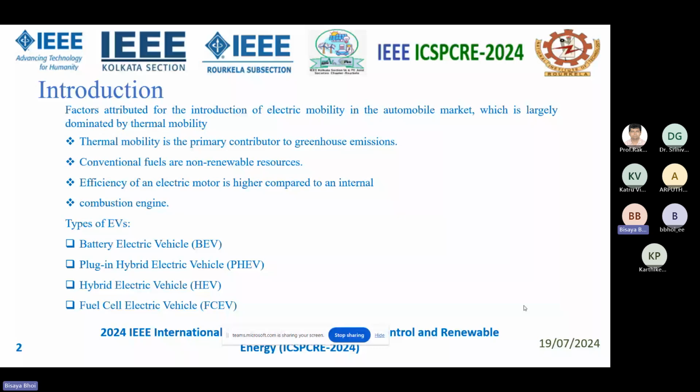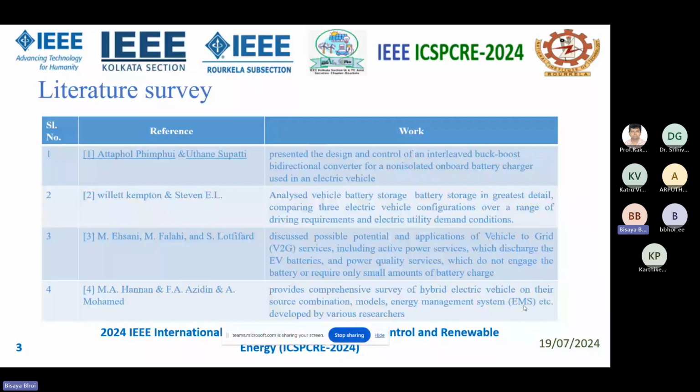In the literature survey, I have followed reference one and taken data from it, which presented a buck-boost bidirectional converter for a non-isolated onboard battery charger used in the electric vehicle.